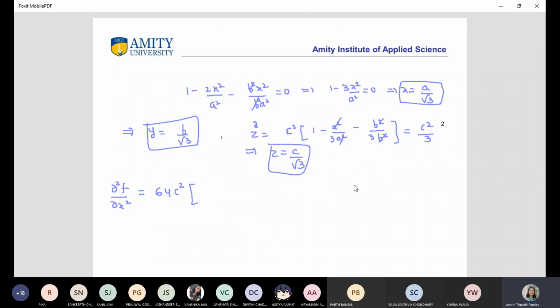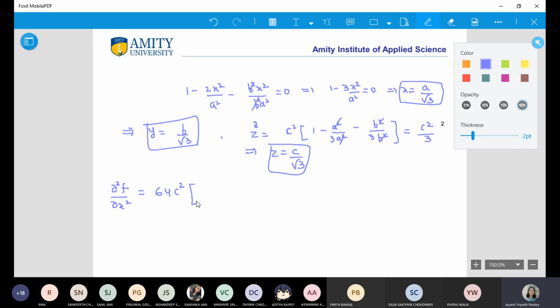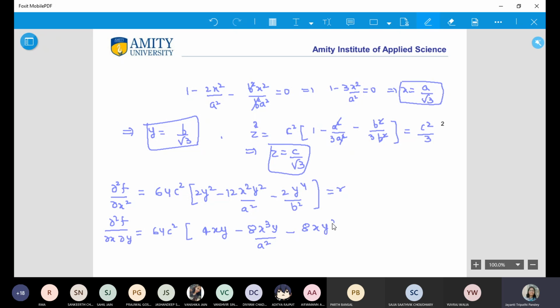Now I'm writing it, and check me if I'm not correct. 64c square, 2y square minus 12x square y square by a square minus 2y to the power 4 upon b square. This is your r. del 2f upon del x del y is 64c square, 4xy minus 8x cube y upon a square minus 8xy cube.